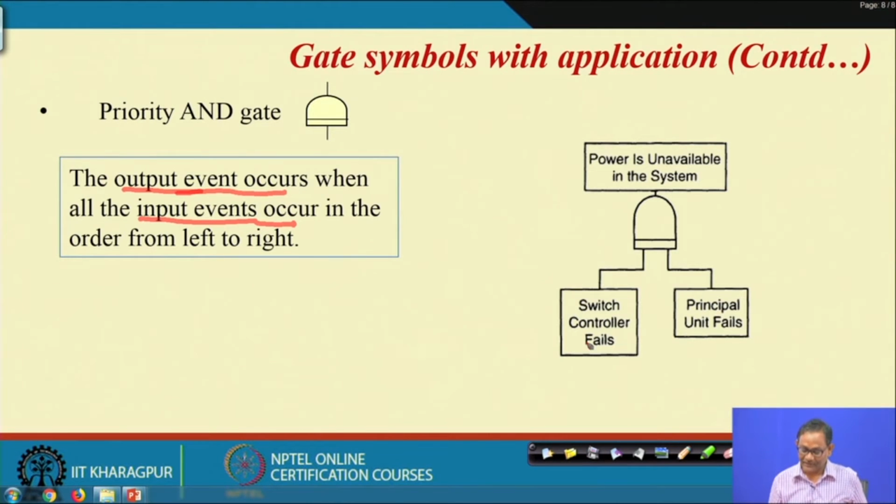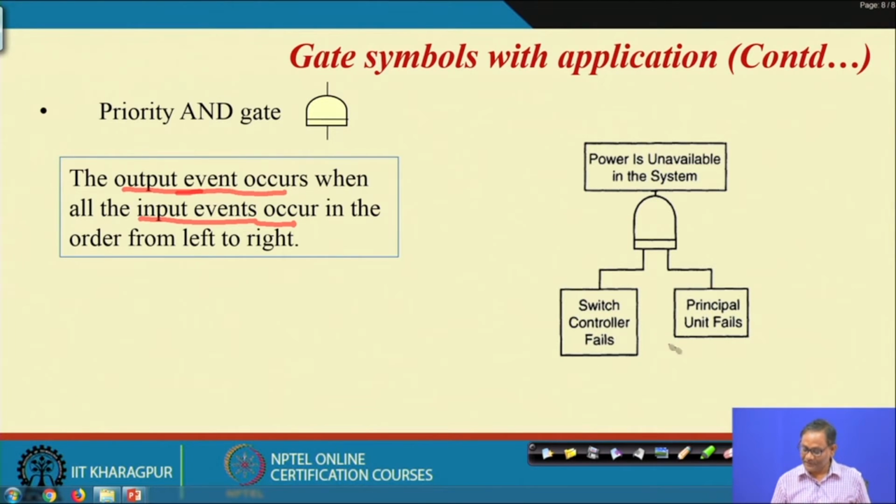So, what will happen? When the principal unit fails, the switch controller's job starts; it makes the standby unit operational. But unfortunately, the switch controller may fail first, and maybe after that the principal unit fails, and it was not noticed that the switch controller failed, not repaired.